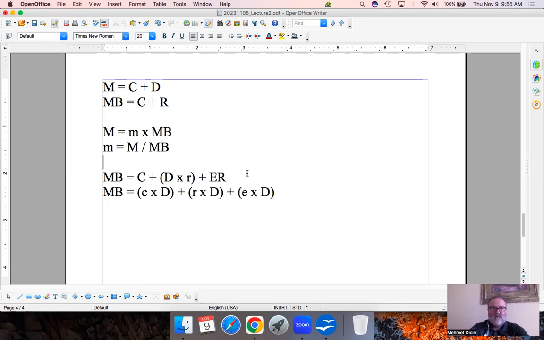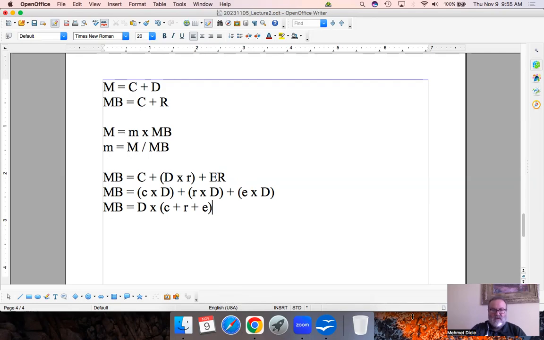So now I don't need them anymore. What I can do is group them for the deposits. Then it will be deposits times C, that's the currency ratio, required reserve ratio, and the excess reserve ratio, right?